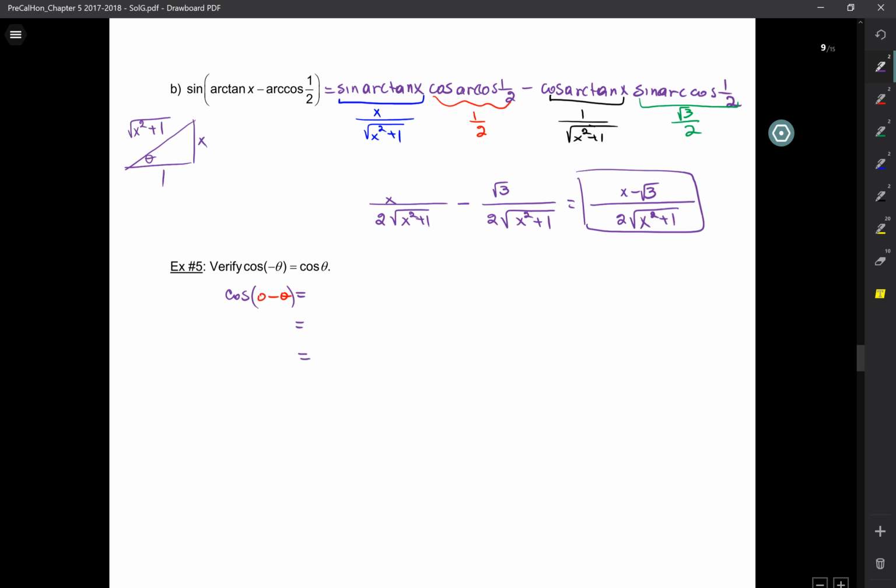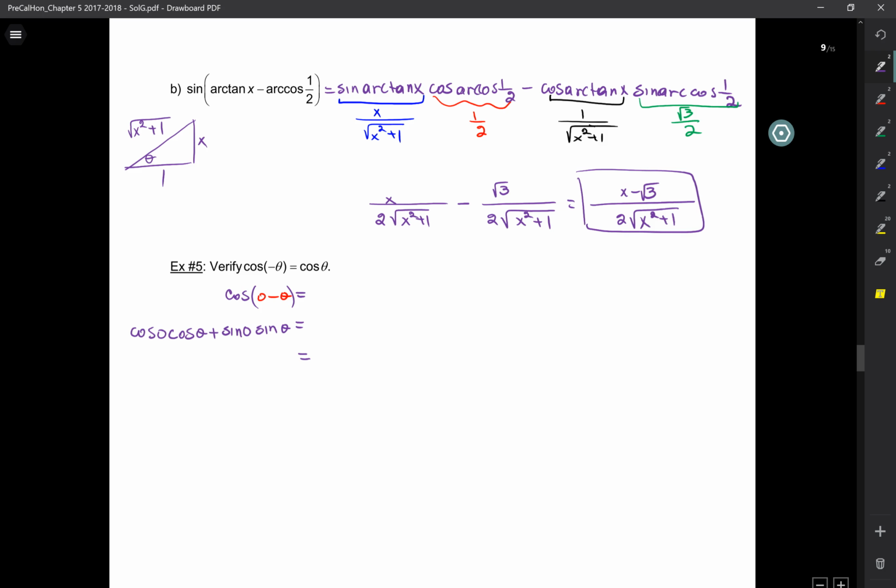So here I have cosine of alpha minus beta. Cosine, cosine, sine, sine. So cosine 0 cosine theta plus sine 0 sine theta.